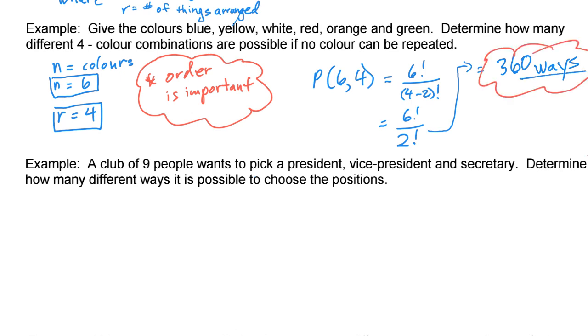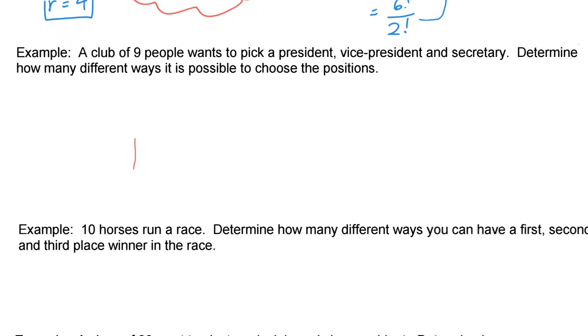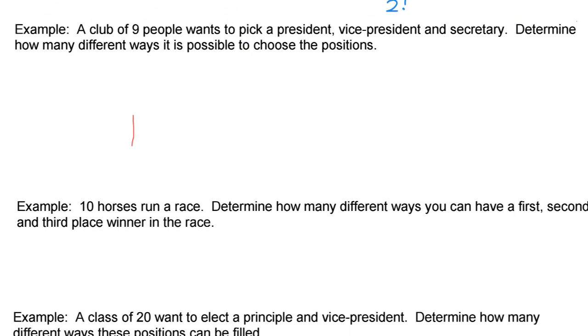The next problem deals with a club of 9 people who want to pick a president, vice president, and secretary. We need to determine how many different ways it's possible to choose those positions.